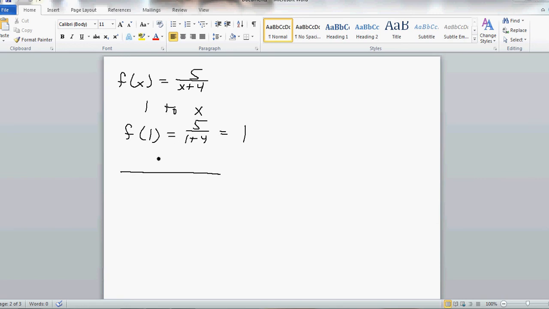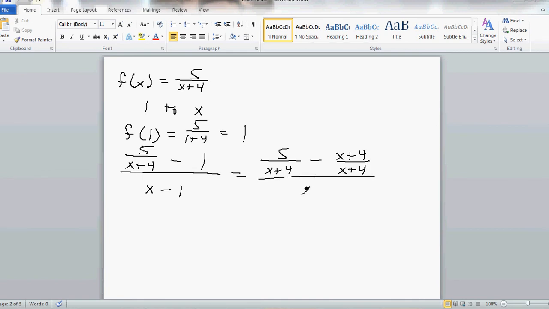Well, f of x is 5 over x plus 4 minus f of 1, which is 1, all over x minus 1. And then it's just algebra from this point forward. So getting the common denominator up here, that would be x plus 4. So 5 over x plus 4 minus x plus 4 over x plus 4 all over x minus 1.